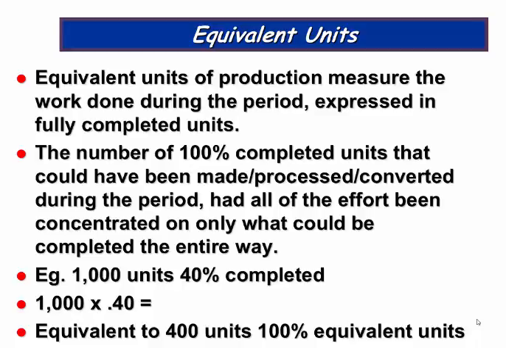So in other words, equivalent units is saying, had we focused all of our conversion efforts on a set number of units, we would have gotten 400 of them 100% of the way done. That's how you can look at equivalent units.